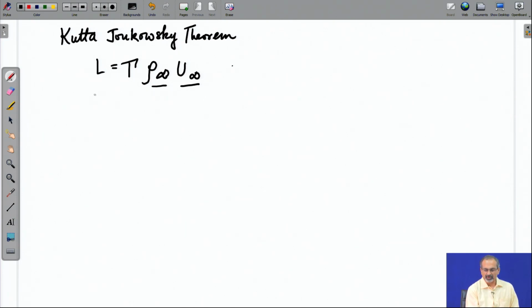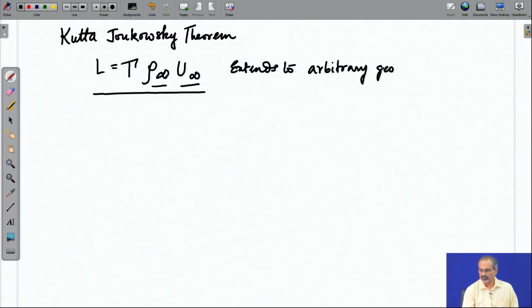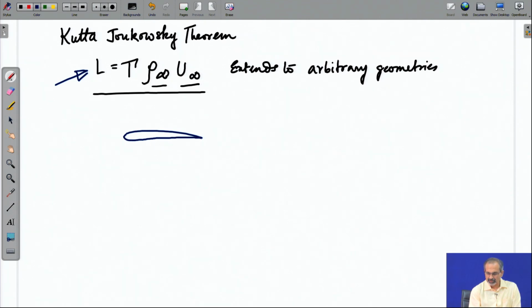Now, the concept of the Kutta-Joukowski theorem extends to arbitrary geometries. It is not mandatory that we just look at a cylindrical geometry and feel that this theorem would only apply to such a geometry. It applies in general to arbitrary two dimensional geometry. So, let us say we look at flow past an airfoil.